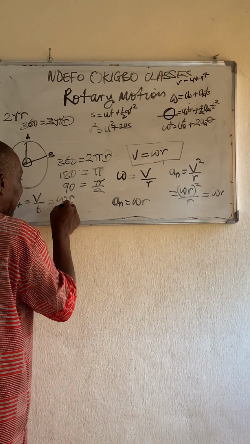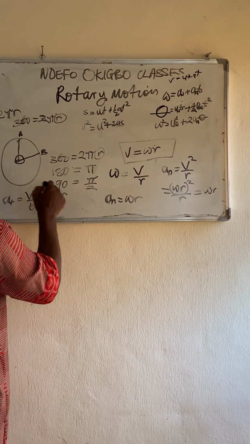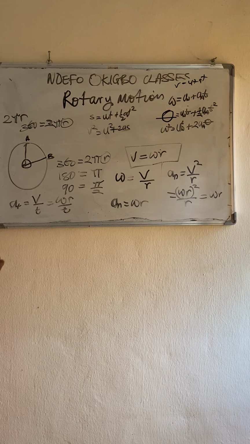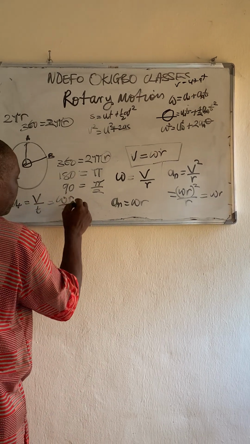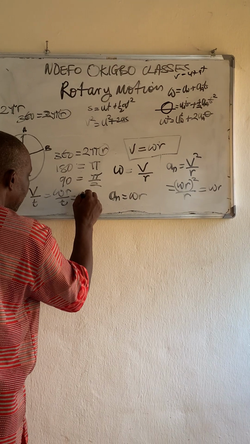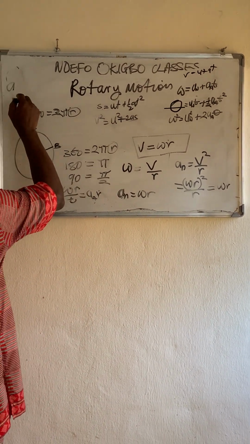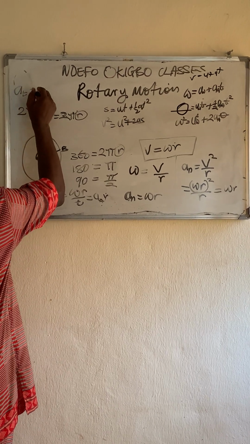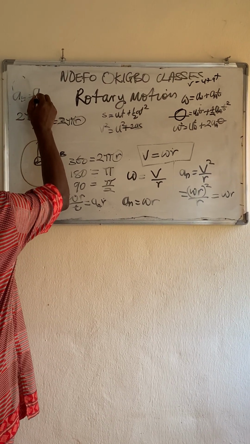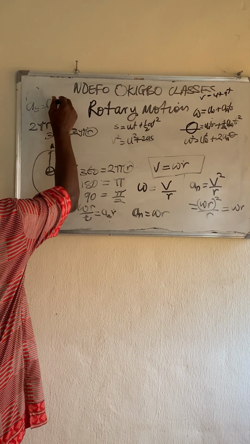And w over time, that is angular velocity over time, will give you angular acceleration. That means it is equal to angular acceleration times r. So we have gotten now that tangential acceleration is equal to angular acceleration times the radius of gyration, r.